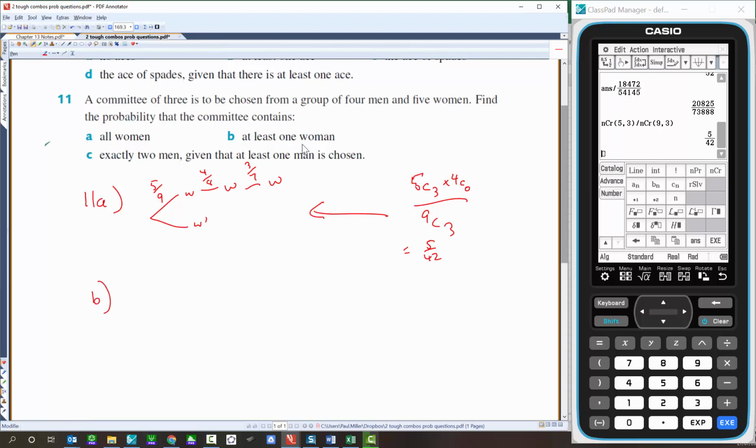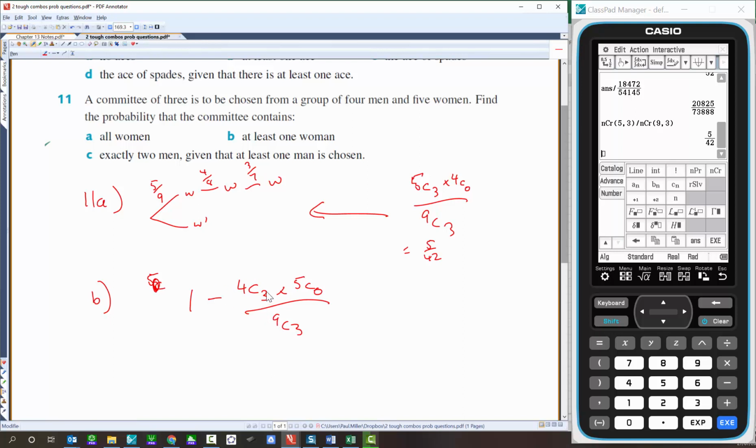Okay, the probability of at least one woman. Again, I'm going to use counting methods on this. At least one woman means not all men, so 1 take away all men. There are 4 men, so from 4, choose 3, multiplied by from the 5 women, choose none of them, over 9C3, the total number of ways of choosing 3 from 9.